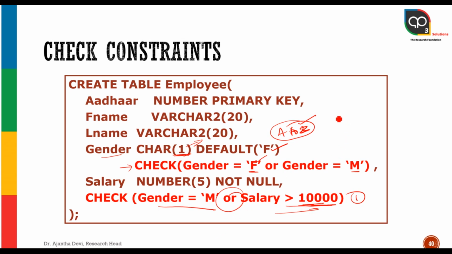Or you can also specify salary greater than 10,000 and salary less than 1 lakh. You can specify that. But anyhow, whenever you specify this particular condition, be aware that SQL, when trying to insert, checks the entry and will reject the entry if the condition is violated.